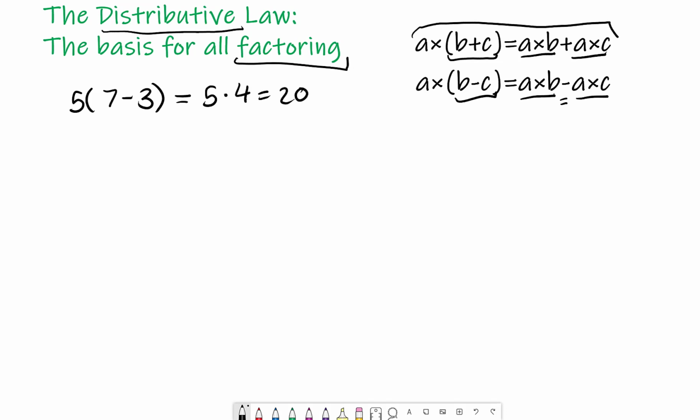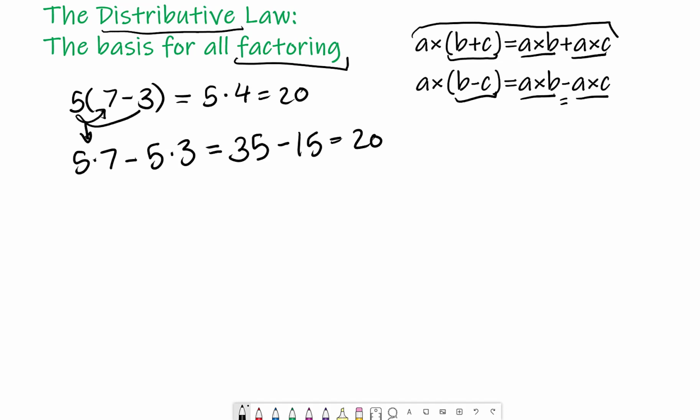If we use the distributive property, we get 5 times 7 minus 5 times 3. 5 times 7 is 35, 5 times 3 is 15, and so that equals 20. So you see, when we open the parentheses, we have to take our number outside and multiply by both the numbers inside, not just by the first one, in order to get the correct answer.